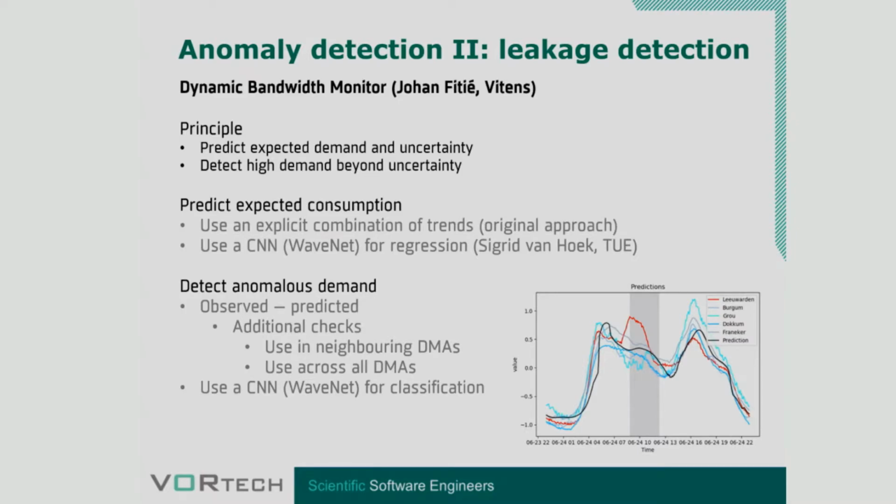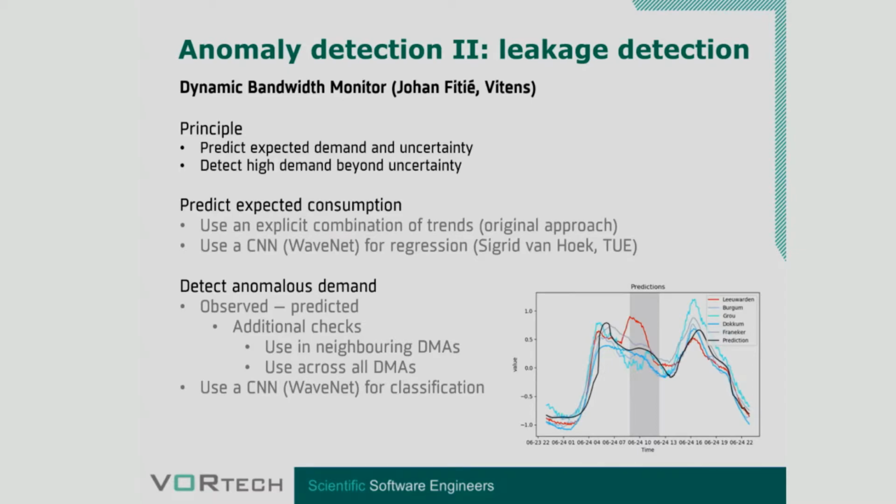Then if you have the prediction of your demands, then, as I said, the observed minus the predicted demand gives you an indication of whether there is a leakage. And what we also added is a couple of very simple checks to sort out whether it's actually a leak or not.